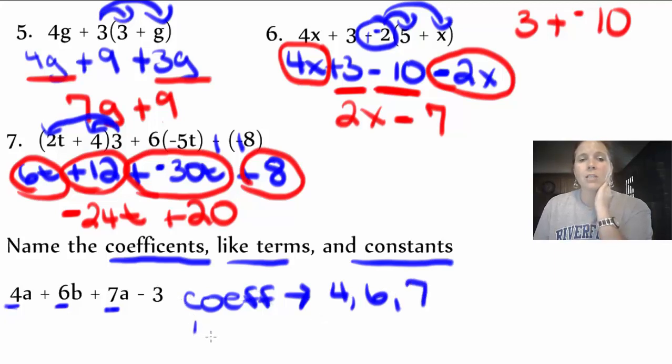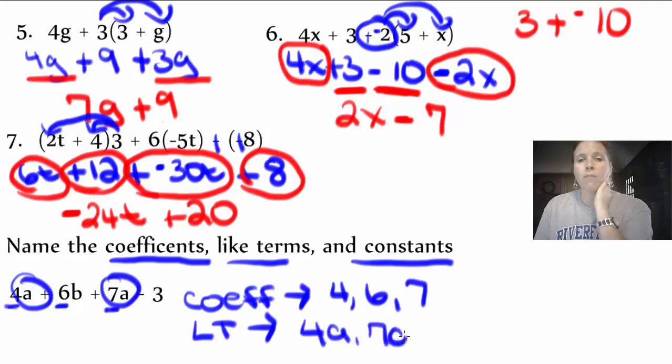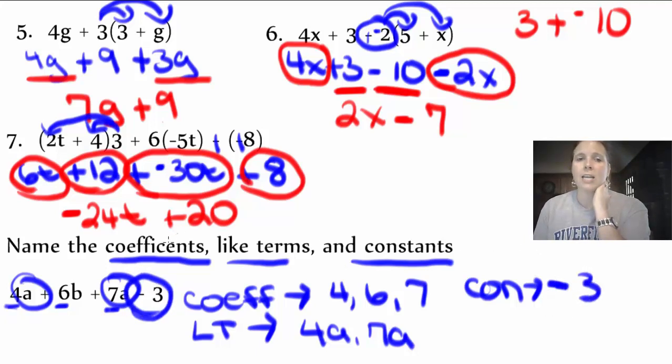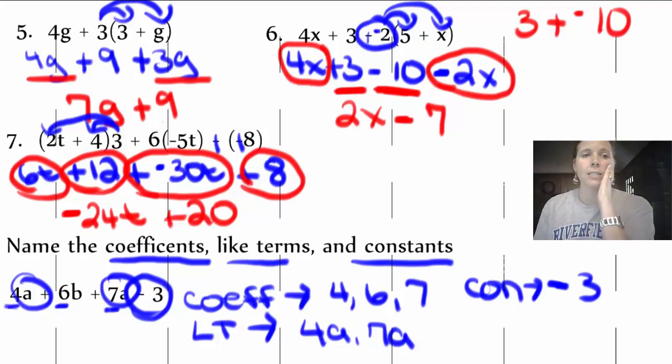My like terms, LT, are 4a and 7a. 4a, and yes, you have to put the a's in there. And then our constant, so you could put con if you wanted to, is going to be the negative 3. Take that negative. Remember, this is really plus a negative. It's going to be a negative 3 there. Okay? And that is it.